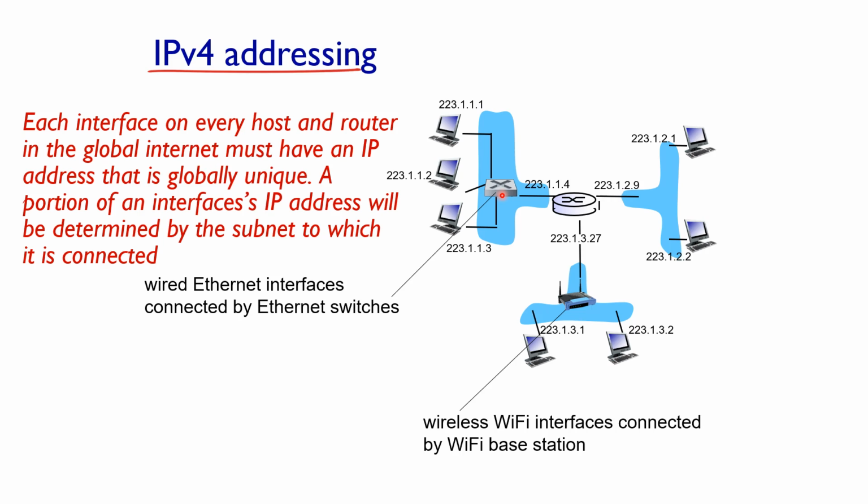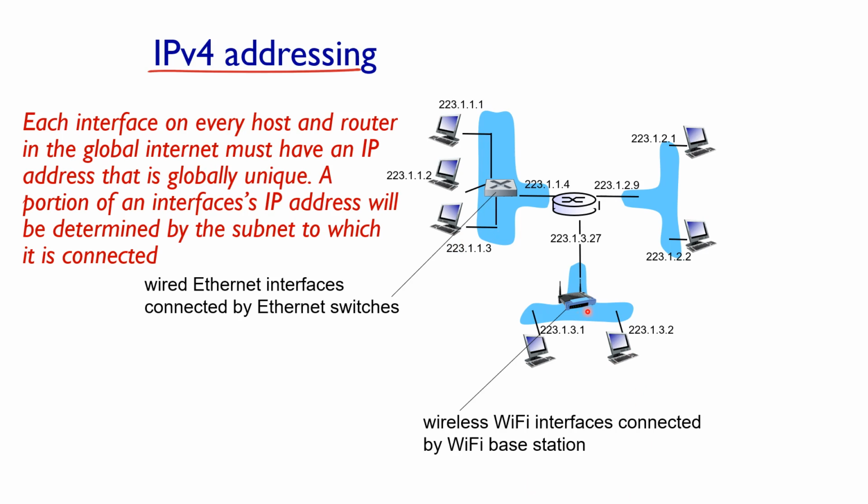A portion of an IP address will be determined by the subnet to which it is connected. So from this IP address, we get the subnet address as well. As I explained in the previous slide, the first three segments in a single subnet will be common, and this determines the subnet to which a host is connected.